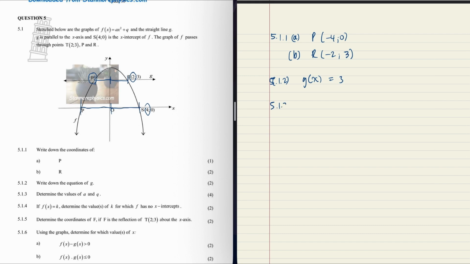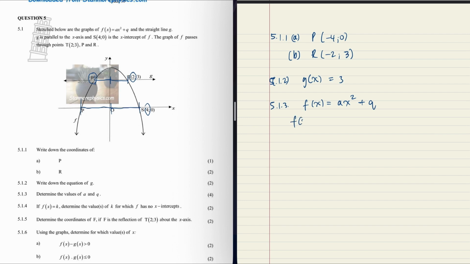Question 5.1.3: determine the values of a and q. So a and q are the values that appear in the equation f(x). So I'm going to write out f(x) = ax² + q. Now because we know the x-intercepts of this function, we can use the x-intercept form.